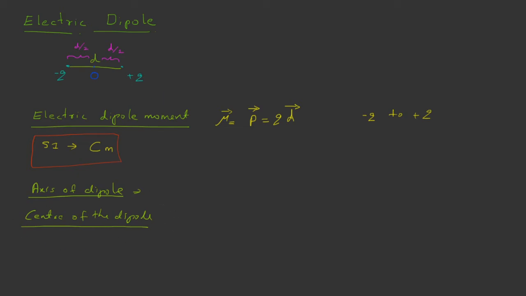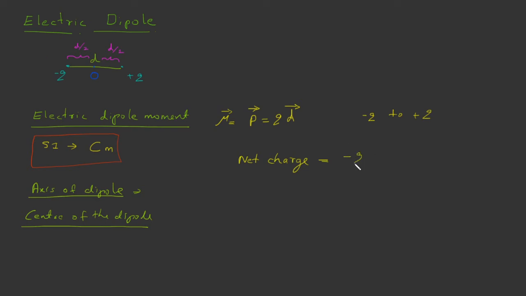Now let us understand something more about it. What will be the net charge of the dipole? We know the net charge is the sum of the charges. So what is the net charge? Here we know it consists of two charges.